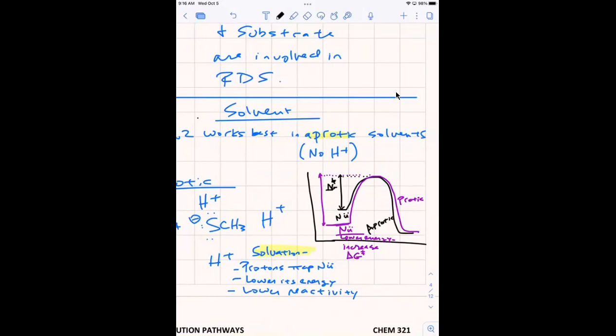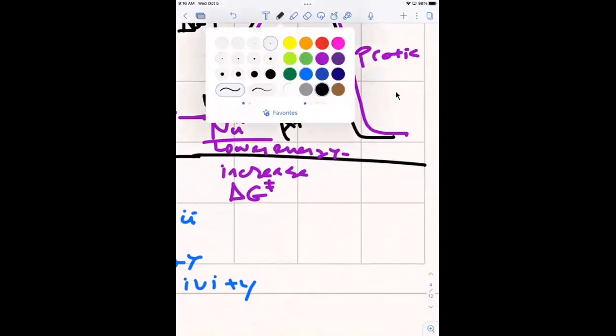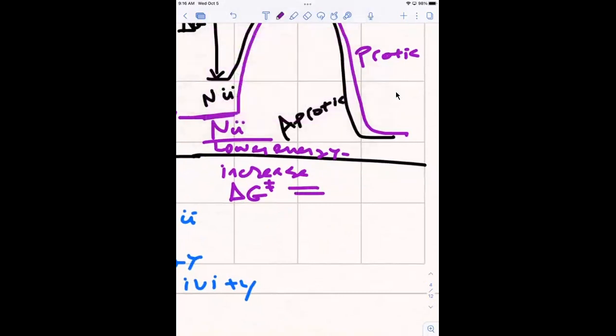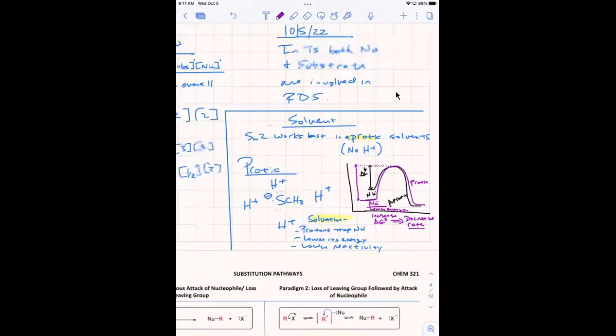If anything, you want to increase the rate of your reaction, not decrease it. Anytime you increase activation energy, you decrease the rate. Any questions about that?